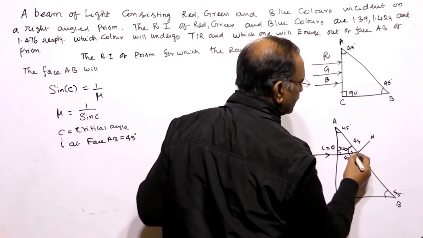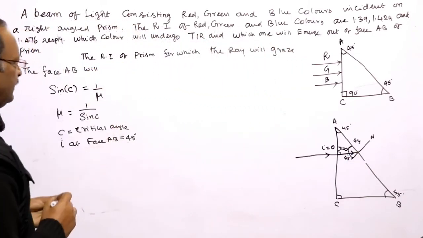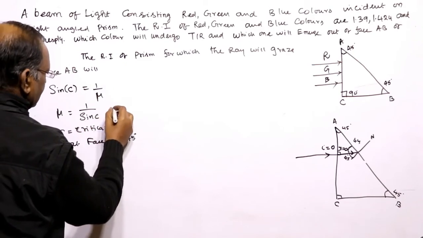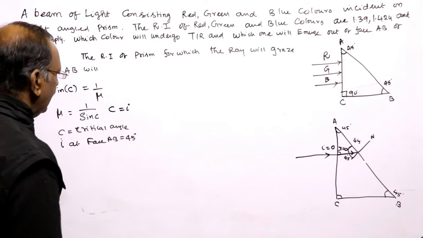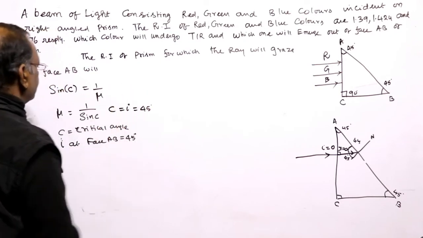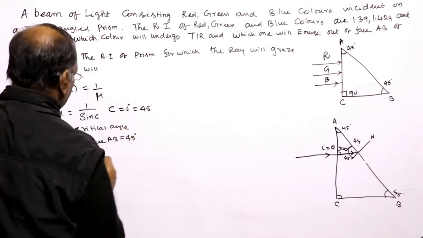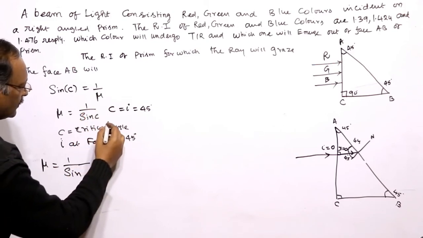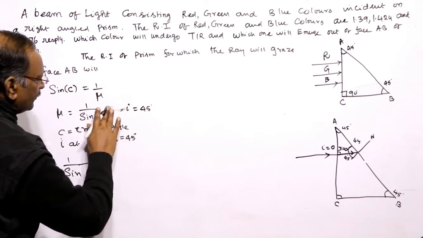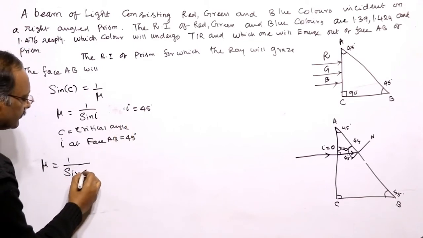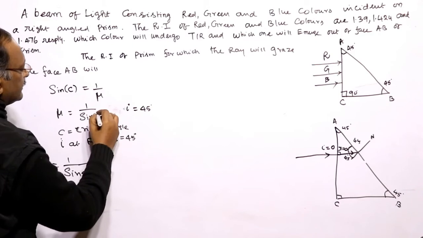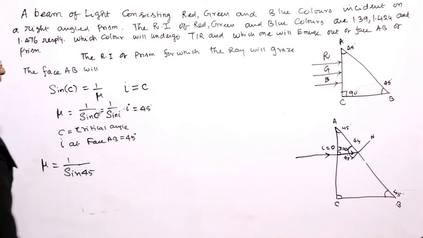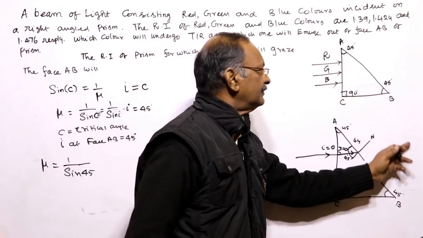Since the angle of incidence is 45 degrees, the refractive index of the prism for which the ray will graze the face AB will be mu is equal to 1 by sine C, where C is equal to the angle of incidence at face AB, which is 45 degrees.